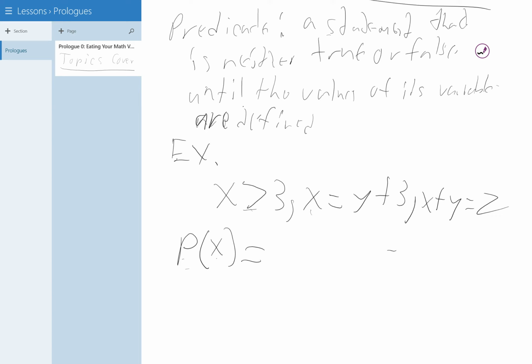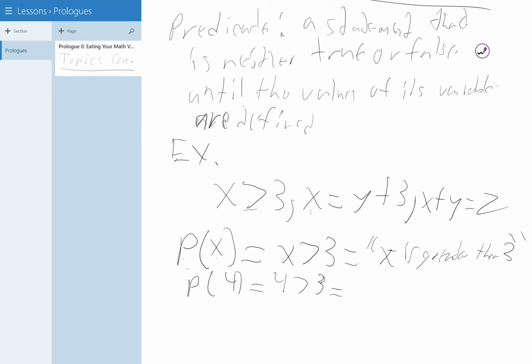So we can just say p of x equals x is greater than 3. So predicates take a true or false value once the variables are defined. If I said p of 4, that is true, because 4 is greater than 3.